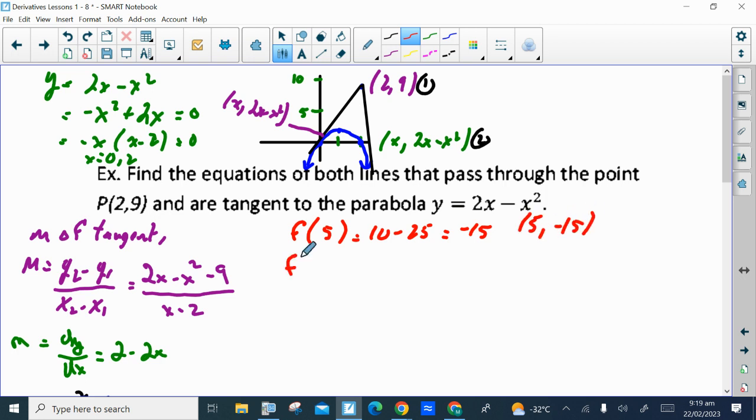And then f at negative 1. 2 times negative 1 is negative 2 minus negative 1 squared. So negative 2 take away 1 is negative 3. So that is the point negative 1 comma negative 3. There's our 2 points of tangency.